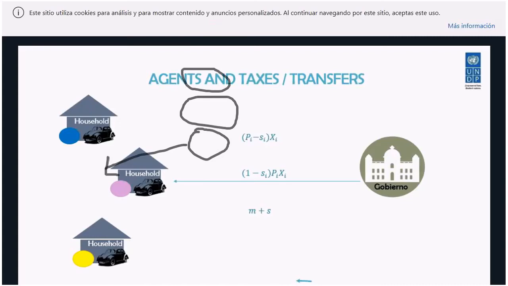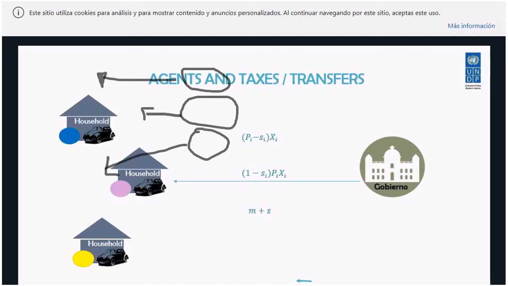Another condition could apply to this household, which is not necessarily poor, but is in a near-poverty situation. So this household requires support from the government so it can cover its expenditure on transportation. And another household could be not even near poor, but a quite vulnerable household which owns a very small business.